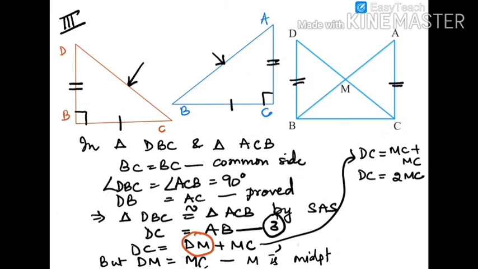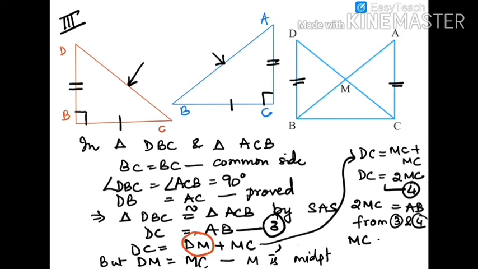Now compare the third and the fourth equations. The left hand sides are same, so their right hand sides will also be equal. So 2MC will be equal to AB. This is from 3 and 4.